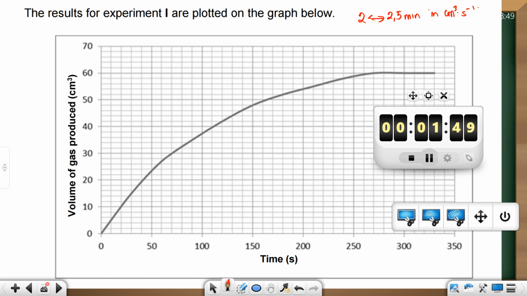Convert the 2 minutes to seconds since the graph is in seconds. And now if you don't know how to convert, I must send you back to grade 8. Sit in a class with grade 8 learners at least once. You see your height, even the chair will not fit.